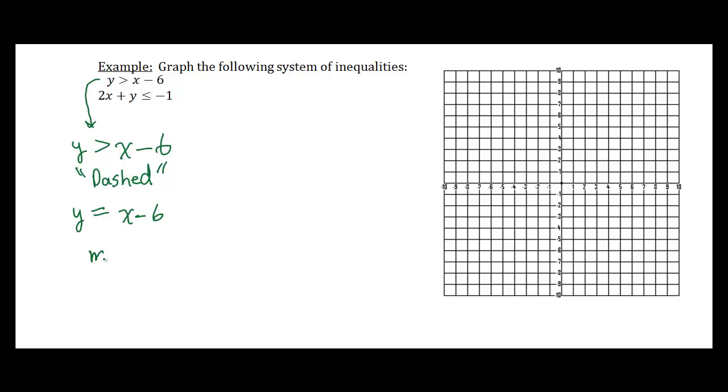It has a slope of 1, which is 1 over 1, and a y-intercept of negative 6. All right, so if I go to my graph at negative 6, I'm going to have my y-intercept. Now my slope is 1 over 1, so I go up 1 and to the right 1, up 1 and to the right 1, so on and so forth. And I'm going to have a dashed line.